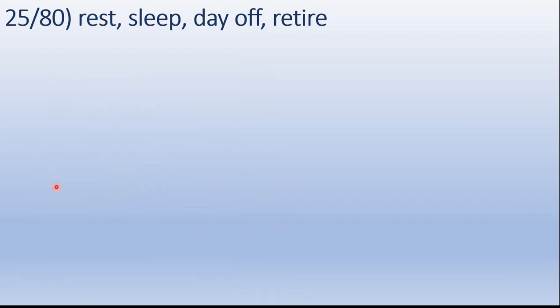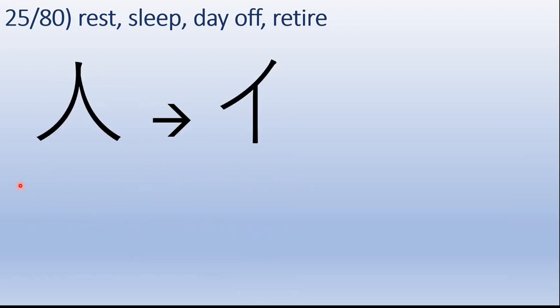Now let's see how this kanji has been derived. This you can see is the person radical. You are familiar with this. So this is a variation of this one. This line is this, and this line is made as a vertical line. The reason is to make space for the second part of the compound kanji character.